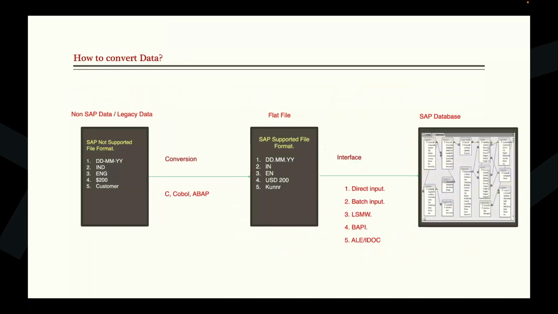If you look at this picture, non-SAP format means, for example, 1945 to 2001 data which they use to store date information like this, then country information as 3 characters, language as 3 characters, and currency they store in their database with symbols like $200.